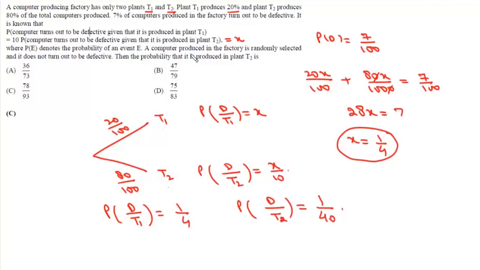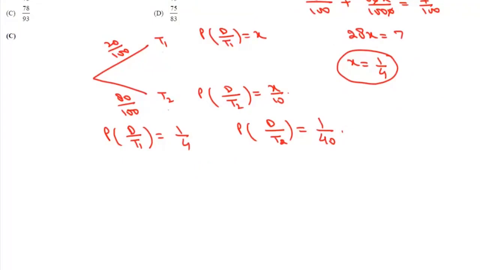Now it says a computer produced in the factory is randomly selected and it does not turn out to be defective. Find the probability that it is produced in plant T2. Now for this, first we'll calculate the probability that it is not defective if it has come from T1. Now we know that probability of A upon B plus probability of A not upon B is equal to 1.